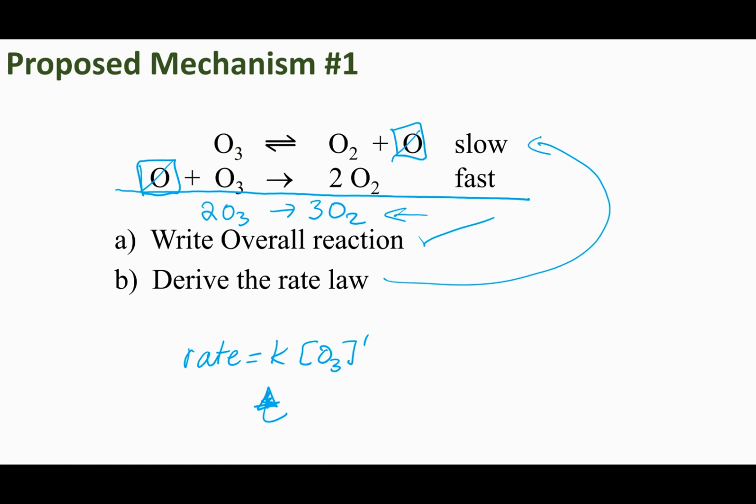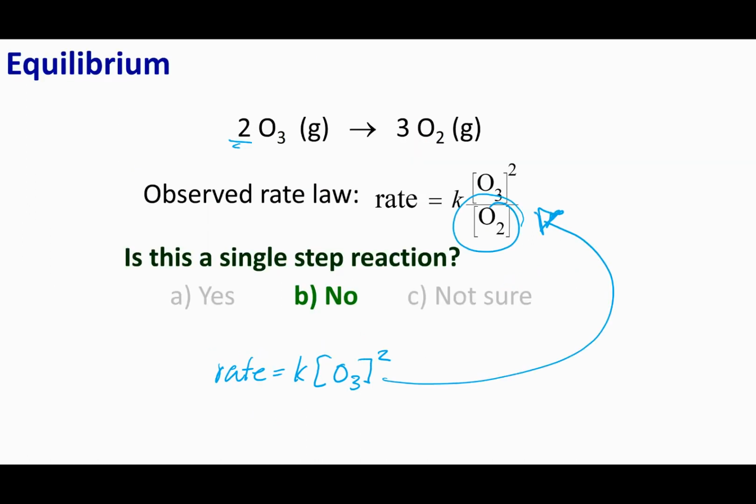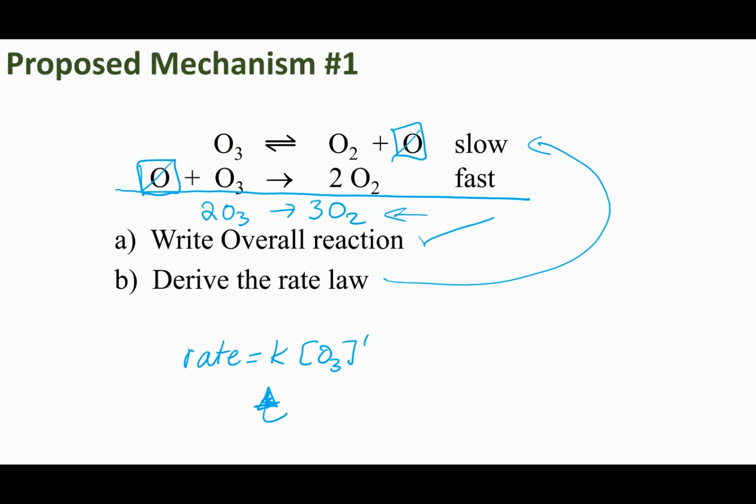Let's see if it matches experiment. If we take a look at my experimental or observed rate law, that does not match. So now what I can say is this proposed mechanism is not valid. I've disproven this mechanism because it does not match what the experiment says.